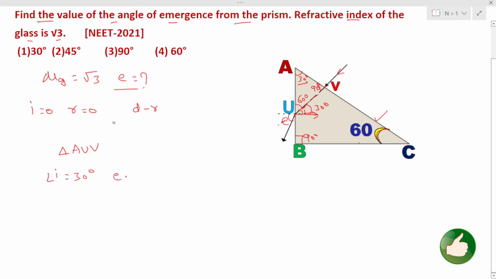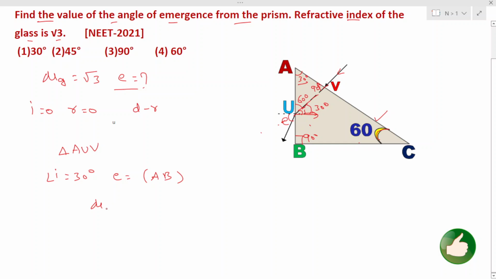And you are supposed to calculate the angle of emergence on the plane AB. Now what will we do? At U, we will apply Snell's law. The ray is traveling from glass to air.